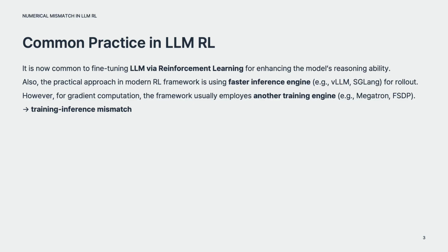However, this is where an issue arises. While rollouts are performed using inference-optimized engines, model training, that is, updating the LLM parameters, is typically done using training-optimized engines such as Megatron or FSDP, which are designed for efficient gradient computation.